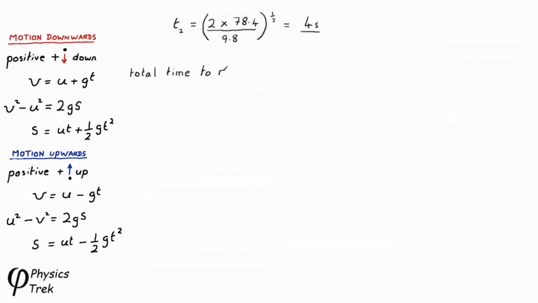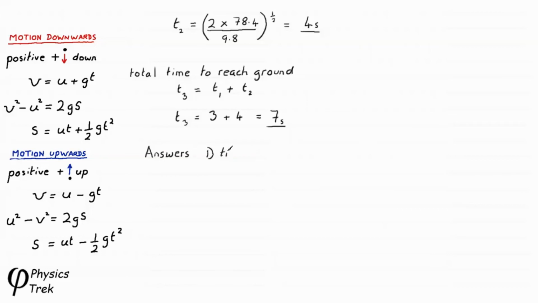Now then, let's not forget what we're after. We're after the total time to reach the ground level, and that's t3. t3 is equal to t1 plus t2. So let's put the numbers in. t1 is 3, t2 is 4, so t3 is 7 seconds. And now to our answer summary.